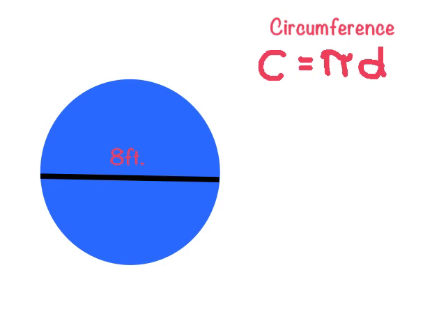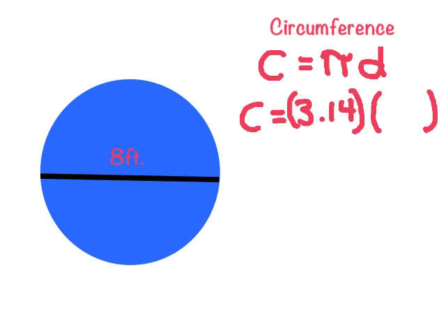So again, I'm looking for circumference, and where I have the symbol of pi, I'm going to put the number in, 3.14, and I'm going to put some parentheses around this here. And instead of using a multiplication symbol, I'm just going to put two sets of parentheses right up next to each other, which will mean to multiply.